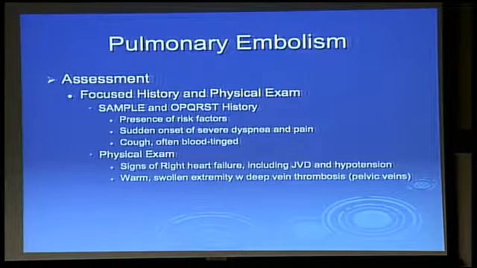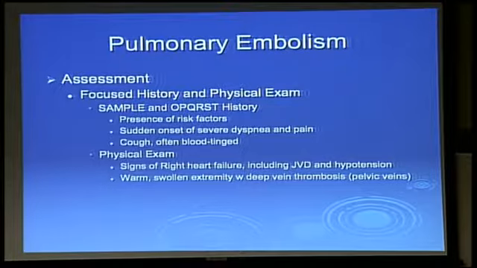In significant PE, you can have signs of right heart failure. Just as people with COPD develop cor pulmonale over time, because over years the right heart has additional work to do pushing against the increased airspace in the lungs.